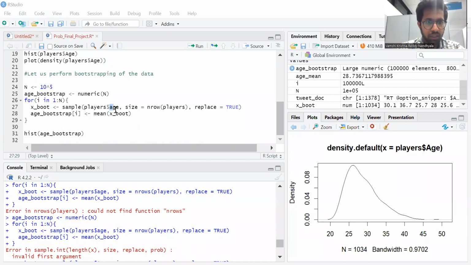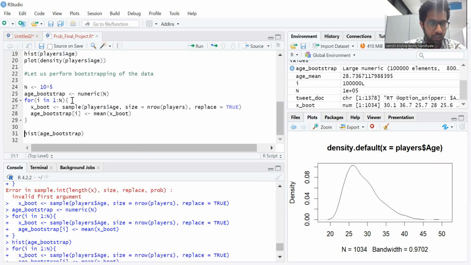Here you could see that it is saying invalid first argument, age. The main mistake here is the case of the letter. We need to use capital A as the data set has capital A. Now let me run the bootstrapping model.